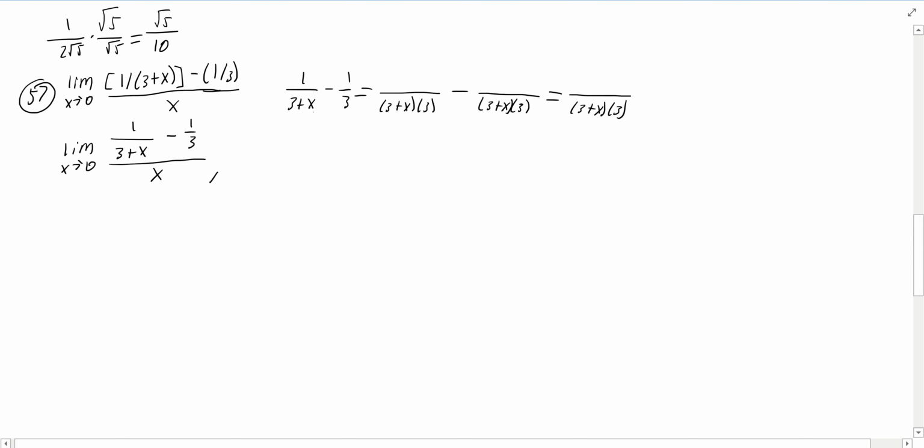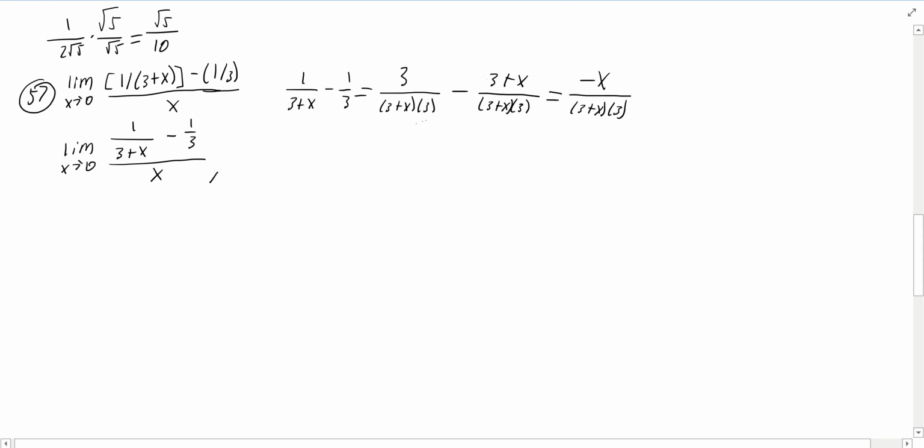If we divide this denominator by 3 plus x, we just get a result of 3, and 3 times 1 is 3, so that goes there. If we do the same thing over here, the 3 cancels out, so we just get (3 plus x) times 1, which is just 3 plus x. Our 3's subtract out, and we're left with negative x. So we have negative x over (3 plus x) times 3.